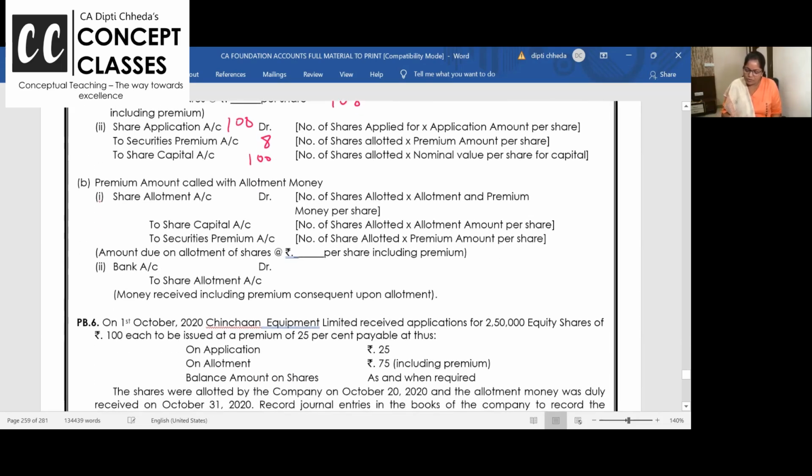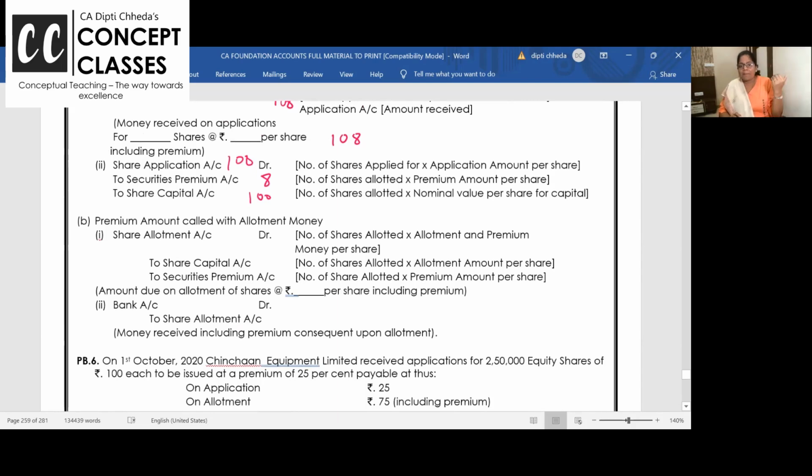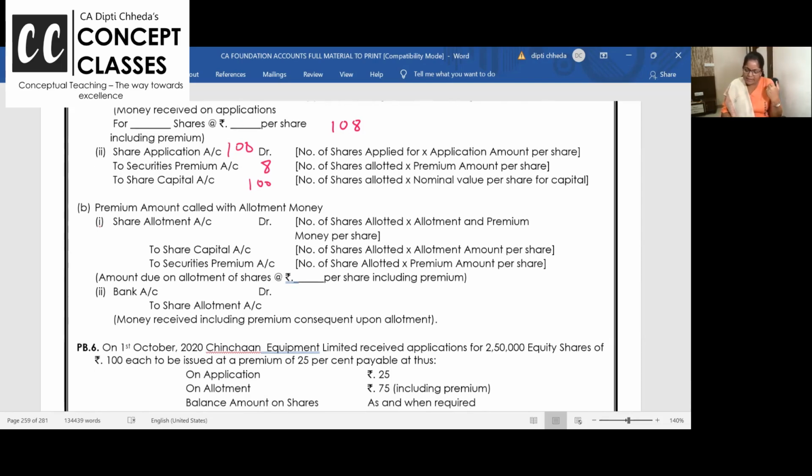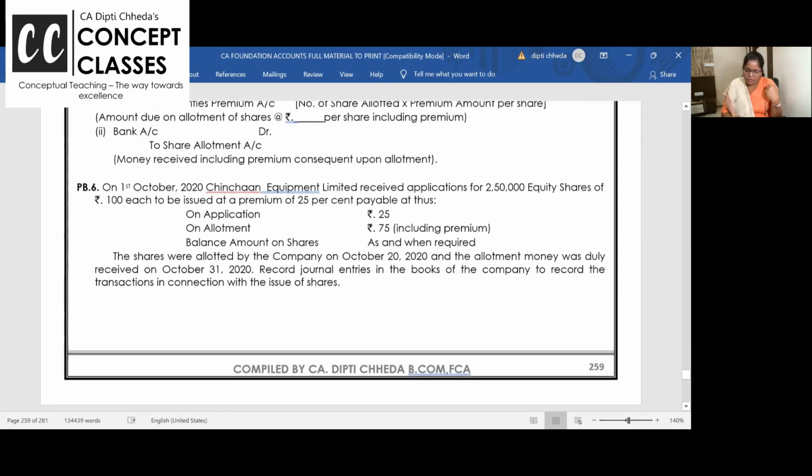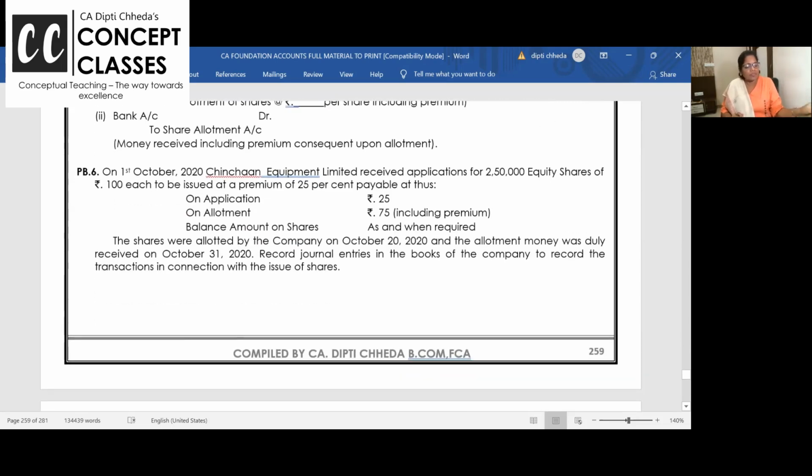If the premium amount comes with allotment, then when you transfer allotment to capital, give it then. If it comes with application, then when you transfer application to capital, give it then. So wherever it is, you have to apply the premium.